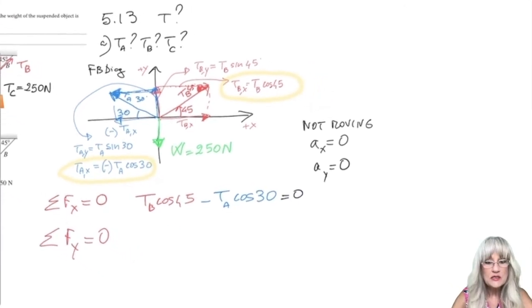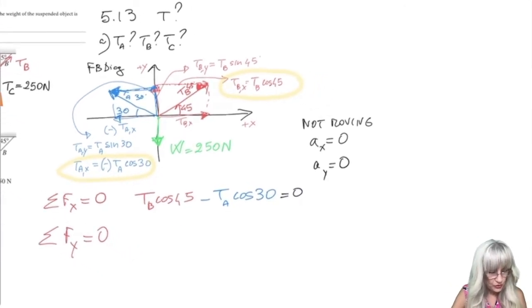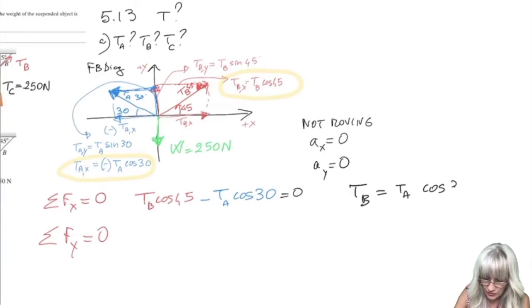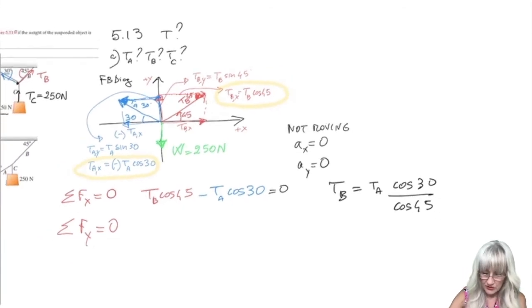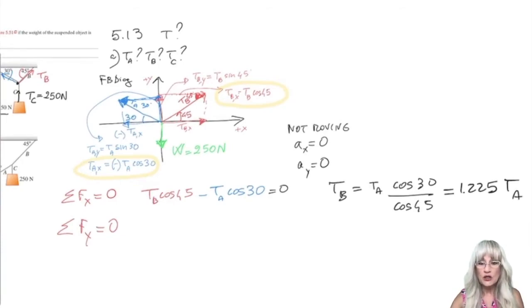So out of this equation, I can compute, for instance, T of B. And this one will come out to be T of A cosine of 30, and cosine of 45 will be at the denominator. So this one comes out to be a small number, 1.225 T of A. And I am really locked here. So I can't do anything else.